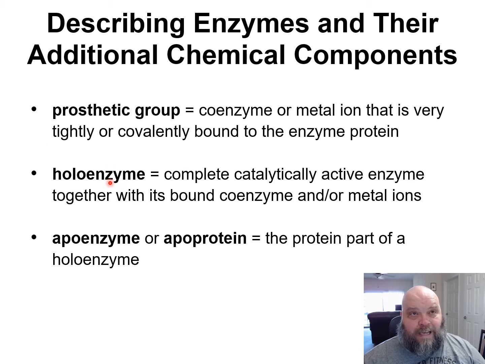By itself, you have an enzyme that may or may not be able to function. If it can function, it's very slow, very clunky. When it gets its prosthetic group, its coenzyme or its metal ion put in place, now it functions. Now it's highly efficient. Now it is referred to as a holoenzyme.